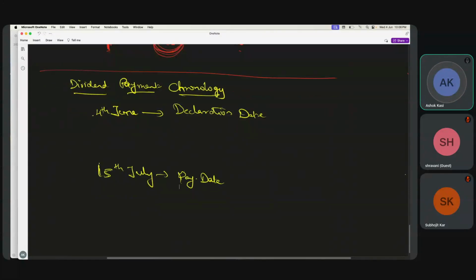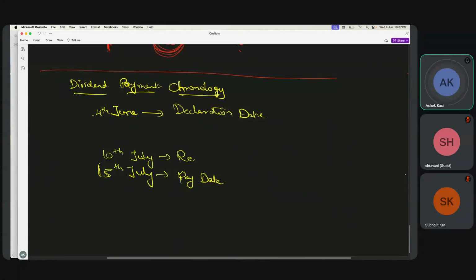Now, payable to whom? Because every now and then the ownership keeps changing in the market. Anybody can buy and quickly they can sell as well. So the company is announcing one more date. They are saying we will pay to all those people whose names are there on the book of record as the owner on 10th July.